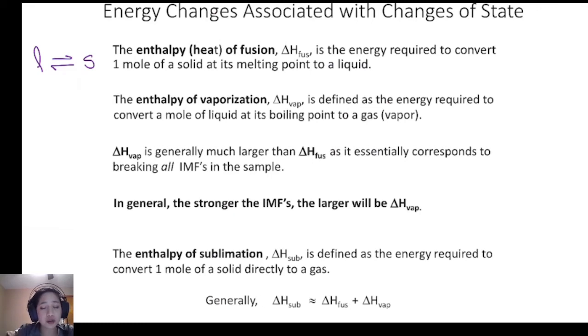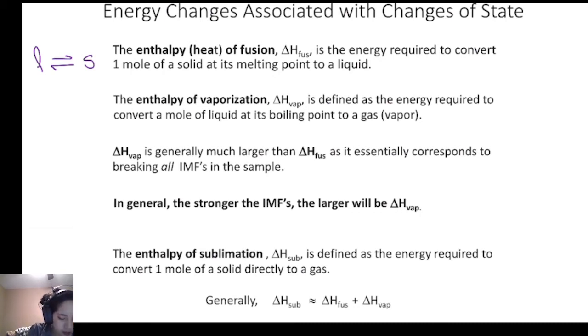It's up to you to figure out what that sign is. The enthalpy of fusion, or heat of fusion, usually defined as delta H fus, is the energy required to convert 1 mole of solid at its melting point to a liquid. And the negative of the heat of fusion will be the amount of energy released turning a liquid to a solid.